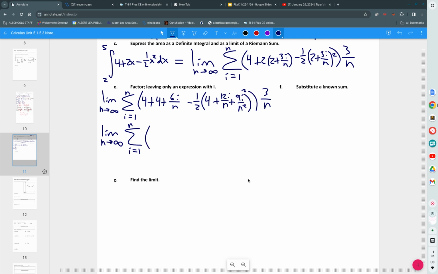And I can maybe combine a few like terms here. 4 plus 4 is 8. 6i over n, minus 2, dos, which is Spanish for 2, minus 6i over n minus 9i over n squared. Wouldn't it be 2n squared? Wait, what? It's 9i squared over 2n squared, excuse me. You need a square on the i. I squared. Yes, thank you. Yep, easy to make a mistake.